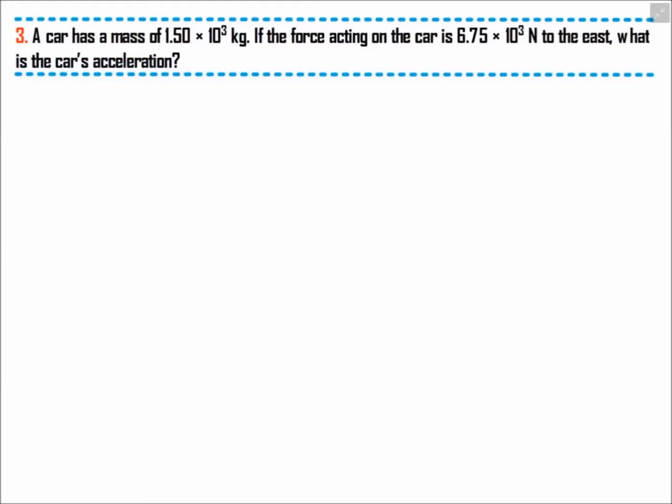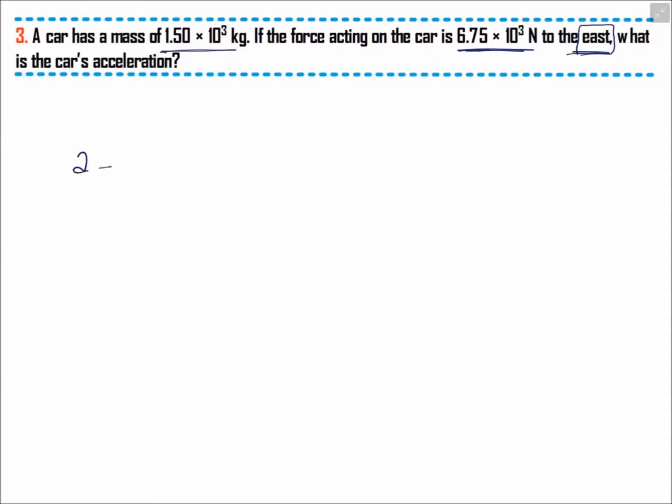In this question it says a car has mass 1.5 times 10 to the 3 kilogram. If the force acting on the car is 6.75 times 10 to the 3 Newton to the east, what is the car's acceleration? Again, direction must be the same as the direction of the force, because it says east and there is only one force.